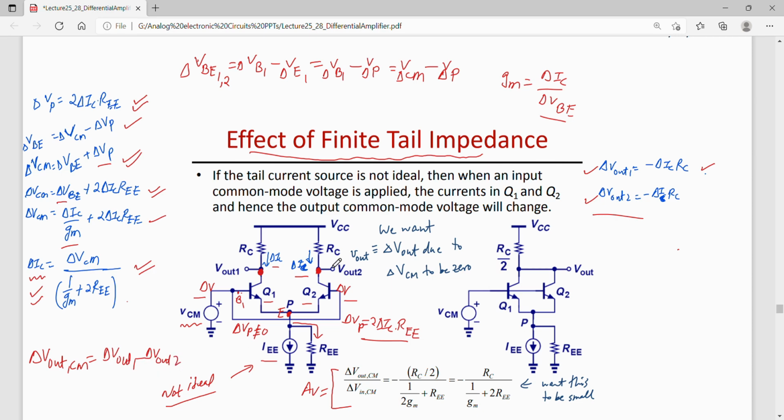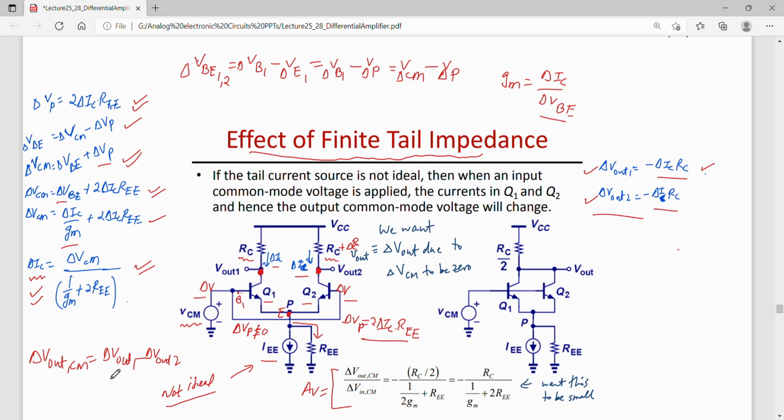Let us say that there is a little bit difference in these two values, otherwise this will be 0. So this little bit difference can only be present if these two resistances are not completely matched. So let us say this collector resistance does not match this collector resistance RC, and let us say this is RC plus delta RC.